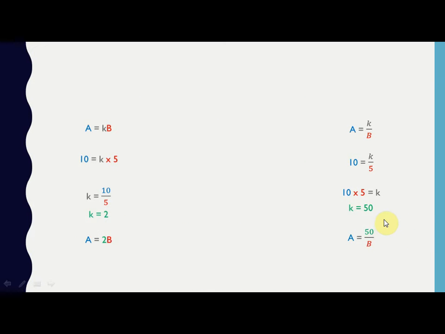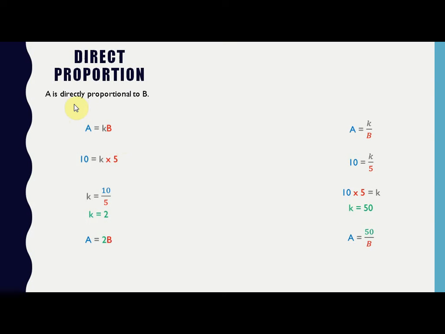Now again we have two types of proportionalities as an example. For example, A is directly proportional to B, so we write A equals K times B. In the next one, A equals 10 and B equals 5. We put the values: 10 equals K times 5.